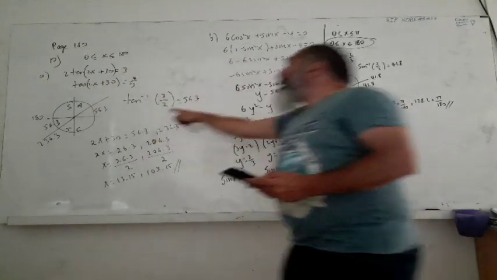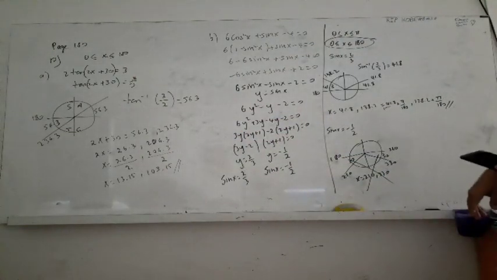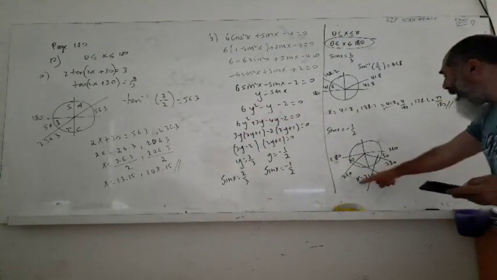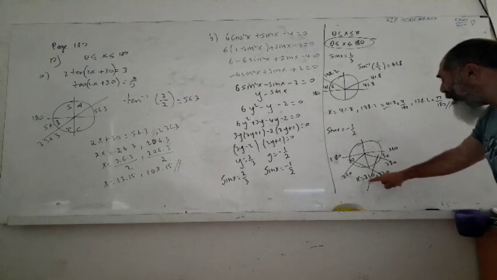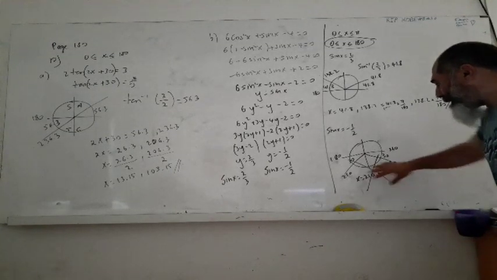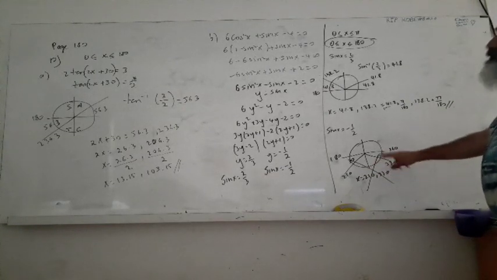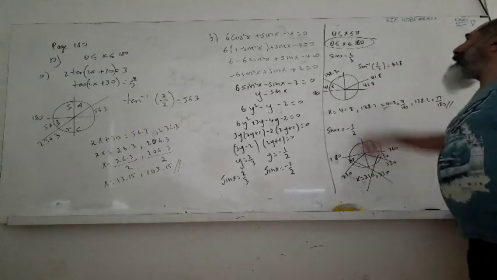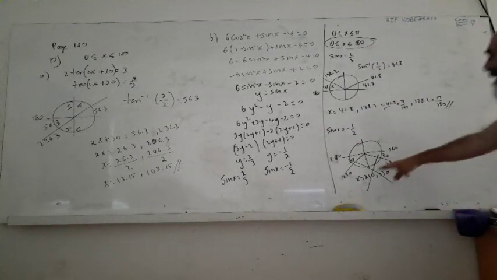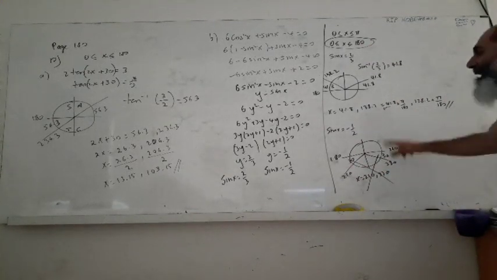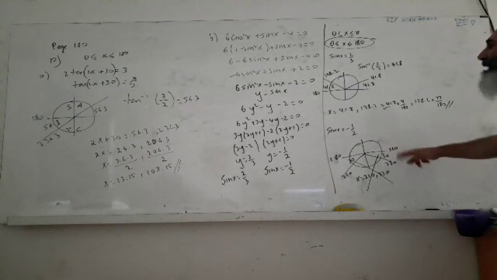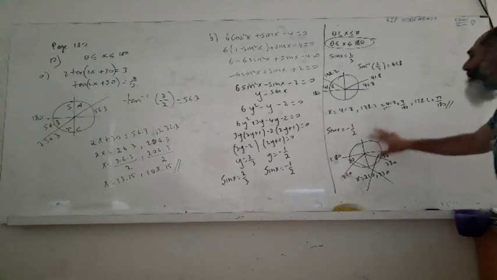And here these are actually correct answers, but we cannot use them. Why? Because we want the x values which are between 0 and 180. That's why I cancelled them. I didn't cancel these because they are wrong. I cancelled them because they are not in the range of x.